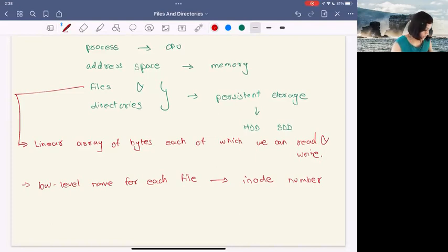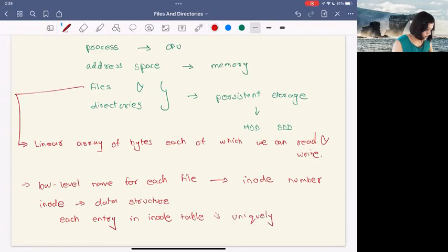So here, an inode is a data structure, and each entry in the inode table is uniquely identified by an inode number.